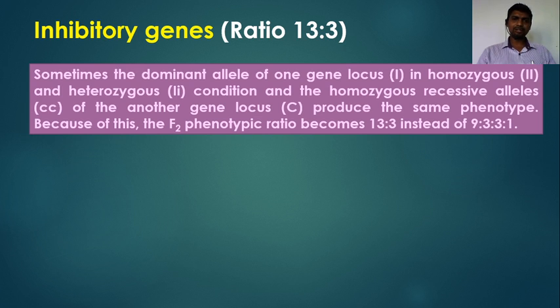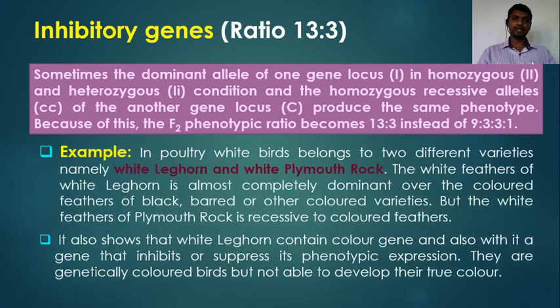What is the action of the C gene? It is responsible for the color production. So when the I gene is present in homozygous or heterozygous condition, the C gene is not able to express itself, so white colored progeny is formed, if you take the example of poultry birds.